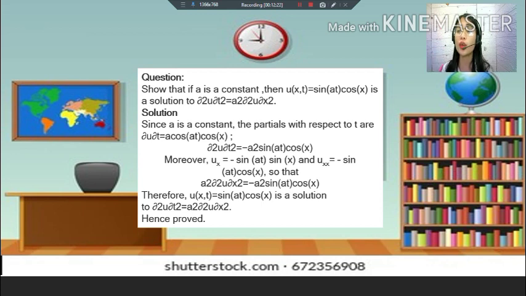Therefore, u of x, t equals sine of at cos of x is a solution to the second partial derivative of u with respect to t equals a squared times the second partial derivative of u with respect to x. Hence, proved.